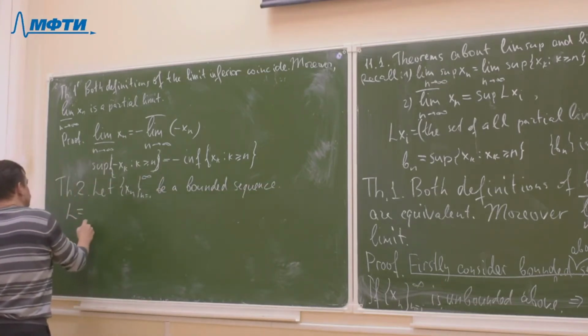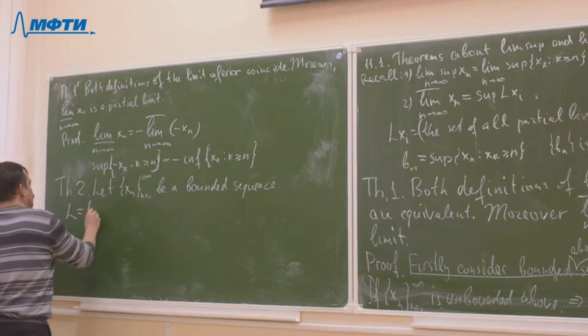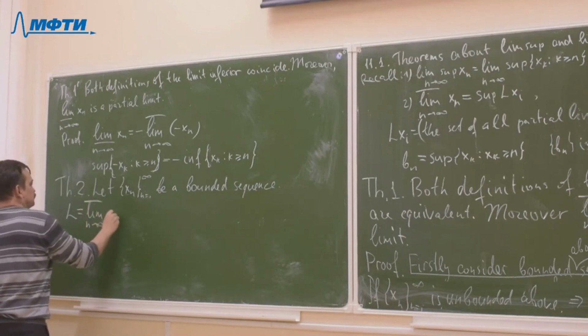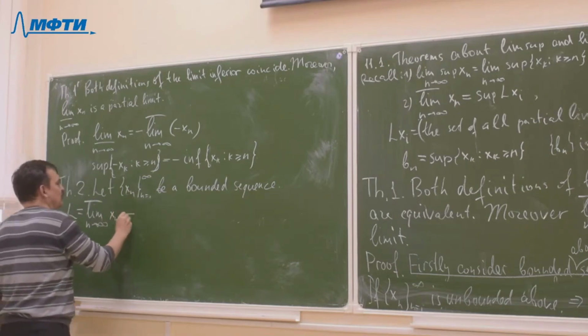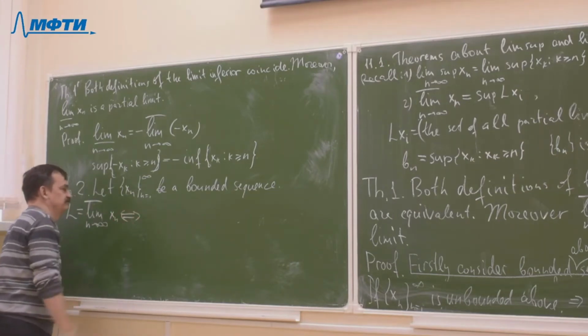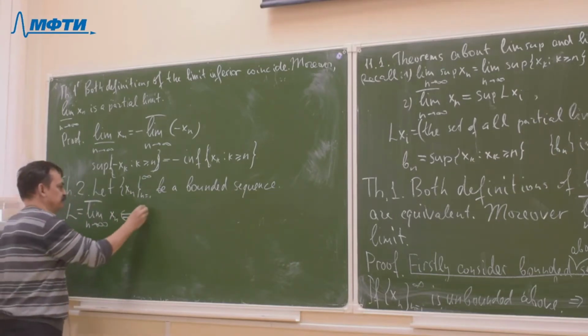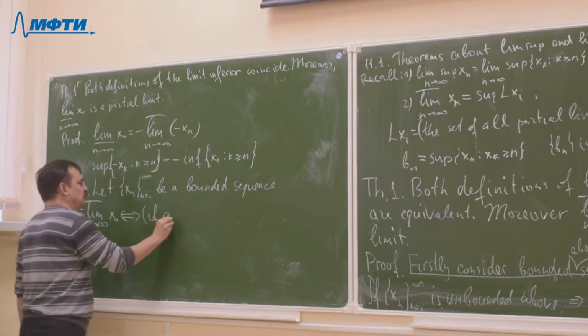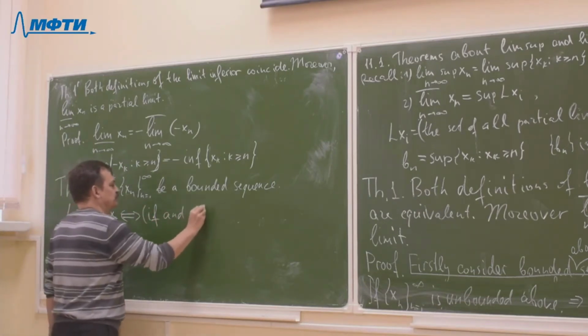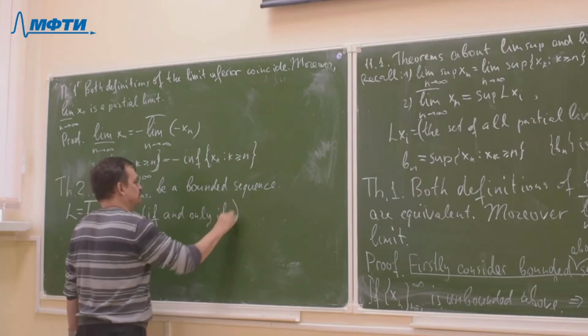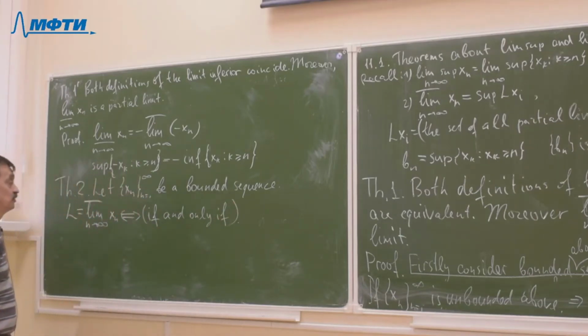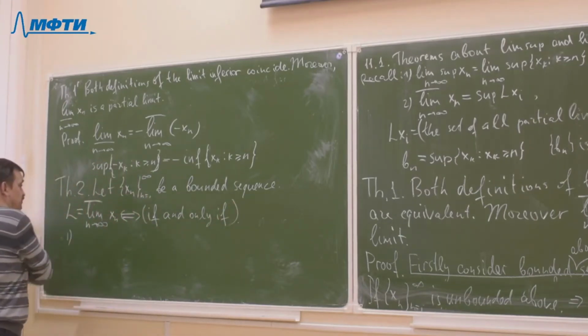L equals the limit superior of x_n if and only if two assertions are satisfied.